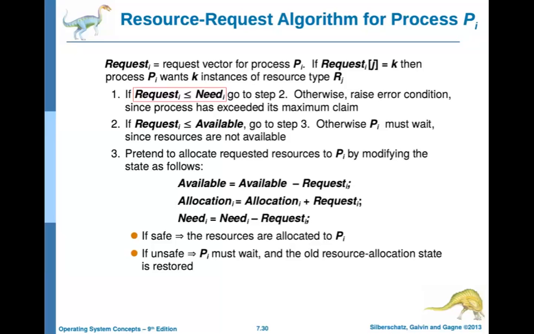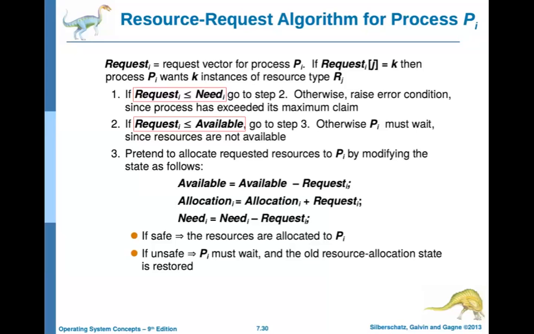Condition number 2 is if Request of i is less than or equal to Available. This is the second condition. Whatever is requested by the process is less than what it has claimed, that is okay from condition number 1. For condition number 2, if the request is less than available, that means we can complete the request because those many resources are available.